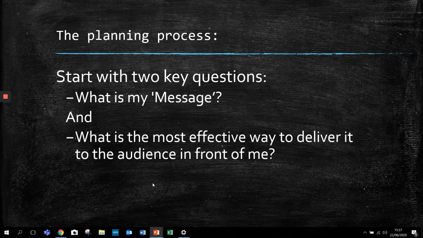Whatever it is, we need to know very, very clearly what that message is. And if you don't know what your message is at the beginning, then when you're writing it, you can't squeeze it in all over the place, and things start going wrong, and suddenly you find yourself talking about a completely different thing.